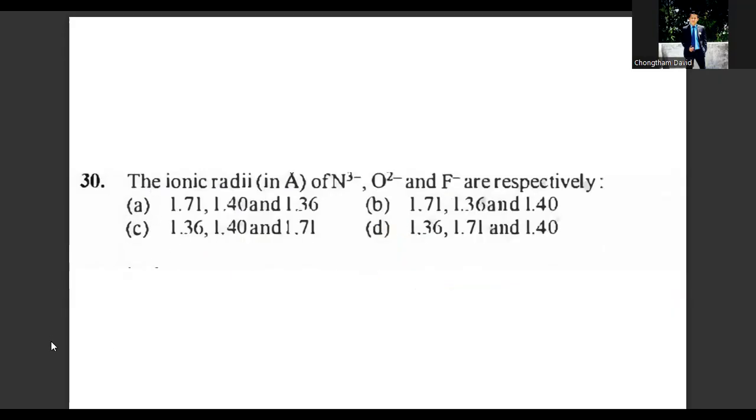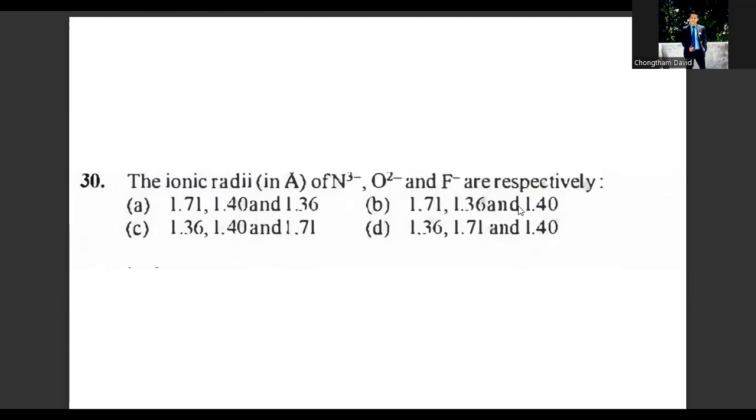The ionic radii in terms of angstrom of N3 minus, O2 minus, and F minus are respectively. You need not learn by heart all these values. Just go from the general concept and apply the rule here. For isoelectronic species, the size of the anion, that is the negatively charged ion, increases as the negative charge increases.